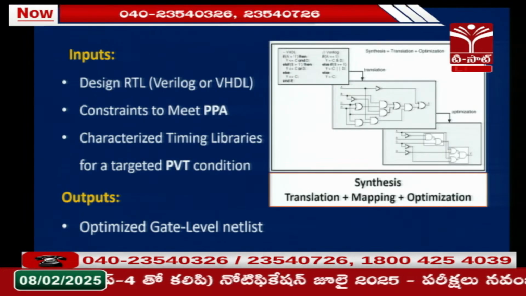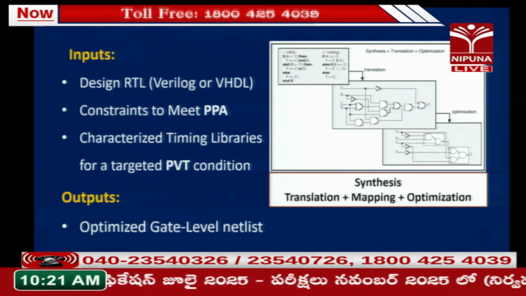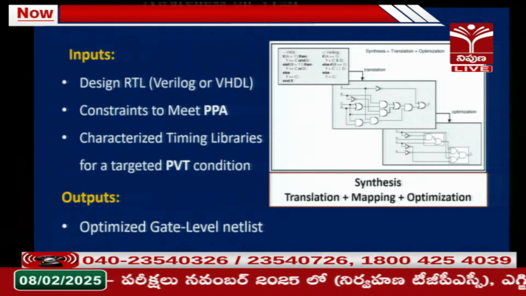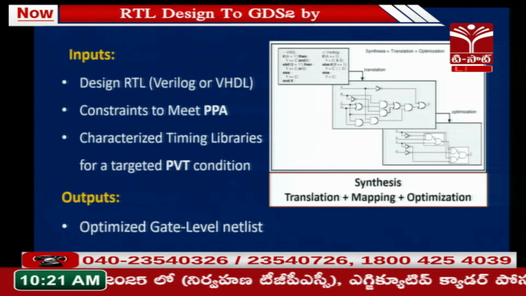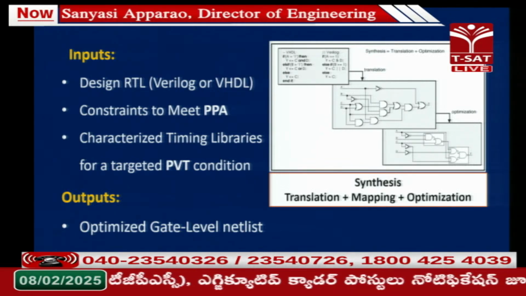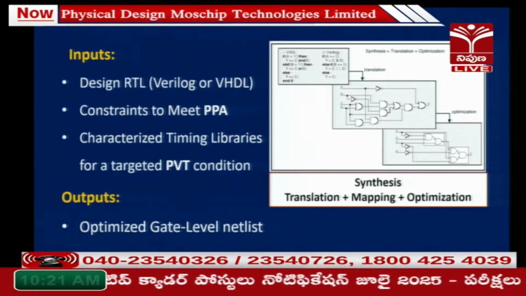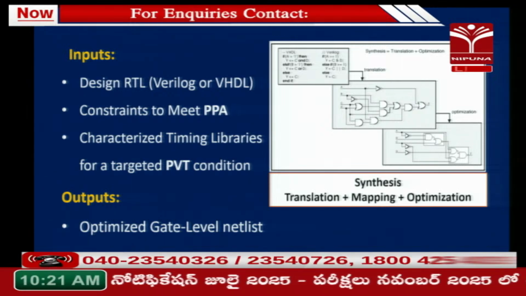The inputs for logic synthesis are the design RTL, Verilog or VHDL, and constraints. What are these constraints? Every ASIC, every chip is targeted for a performance, meaning everyone wants it to run at a certain frequency, and the other two parameters are power and area.